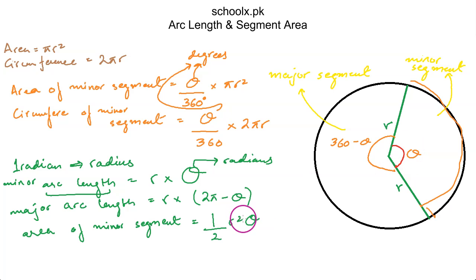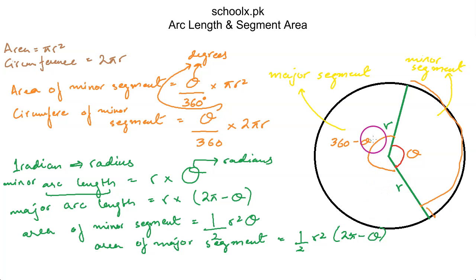Now if we want to find the area of the major segment, I'll use half times, you can guess it, r squared (2π subtracted by θ), right? So this angle of the major segment will be used in finding the area of the major segment, which holds true for this case and this case.